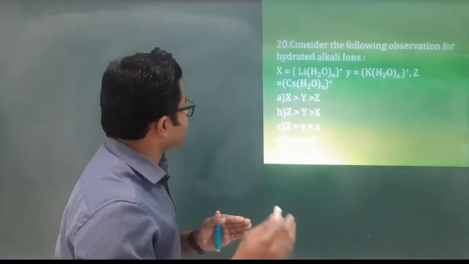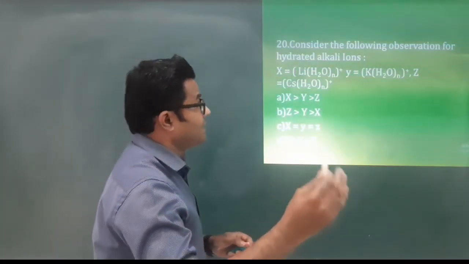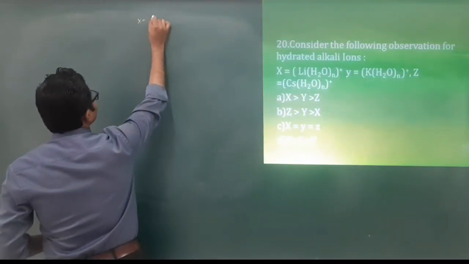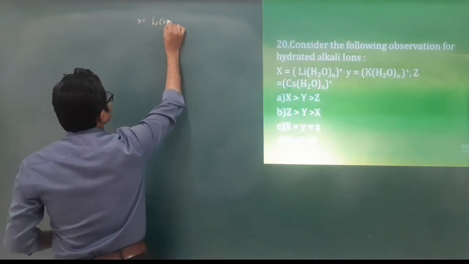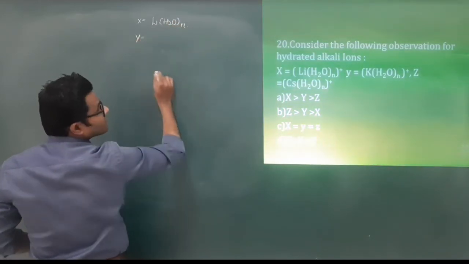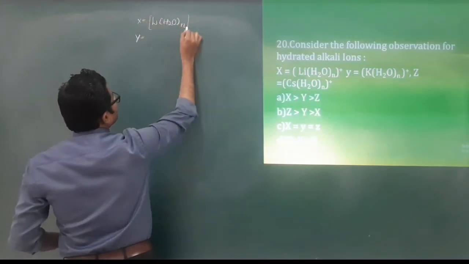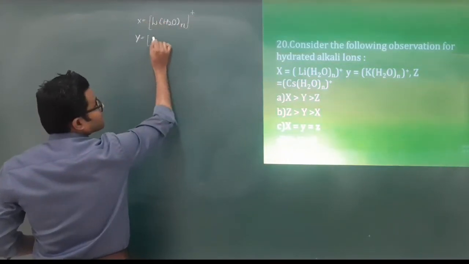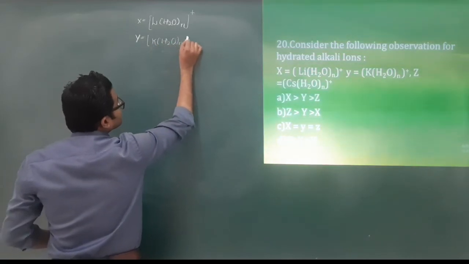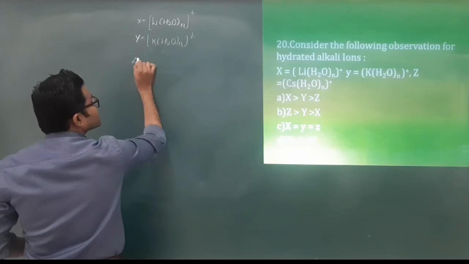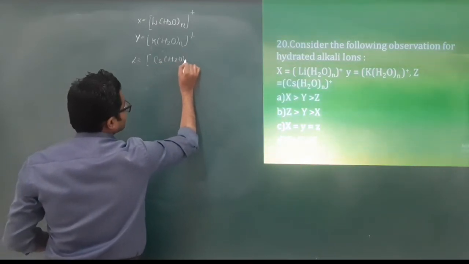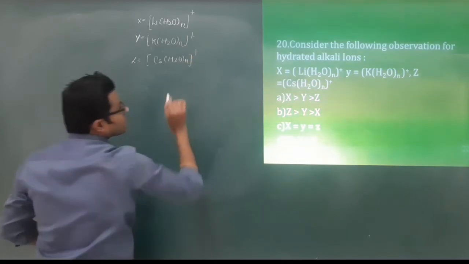Consider the following observation for the hydrated alkali ions. What we have is X equal to lithium hydrate, Y equal to potassium hydrate again, and Z equal to cesium hydrate, each with n water molecules.